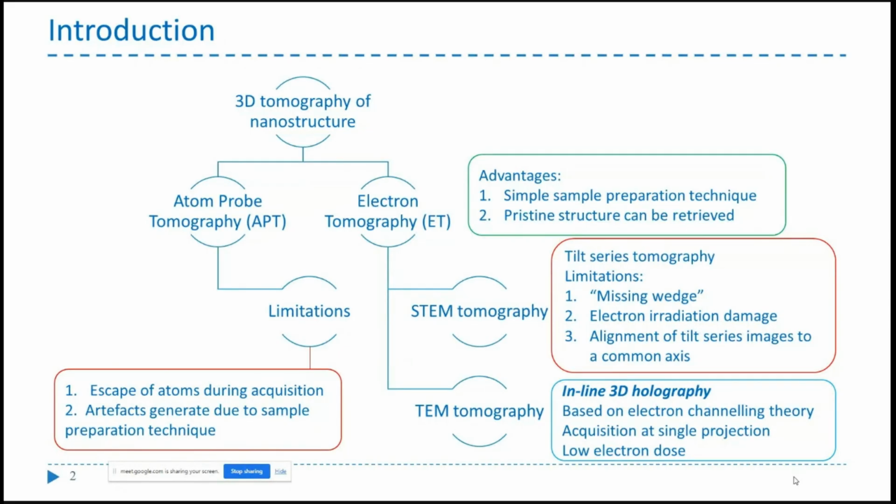Electron tomography has the advantage that sample preparation is easier, and you can have a pristine structure compared to atom probe tomography. But STEM tomography has its own limitation because you have to tilt the sample along an axis. It should be 180 degrees, but you cannot tilt up to 180 degrees because of the upper pole piece. So there is a missing wedge, and that affects the result.